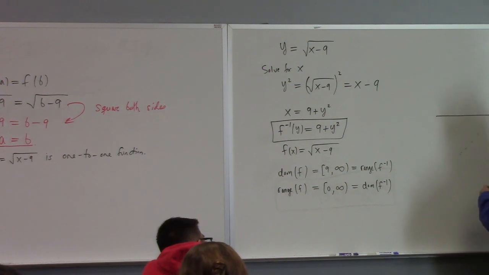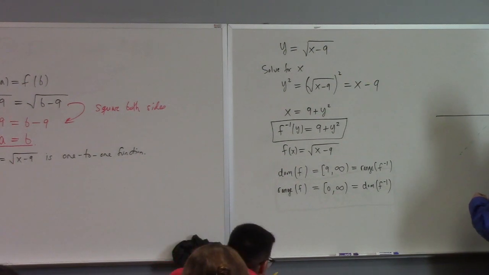I'm trying to picture it in my mind. Let me get another point. How about 10, right? This would be 10 comma 1. So we go to 1 comma 10. So it's like up here. Right, so yeah, like that.